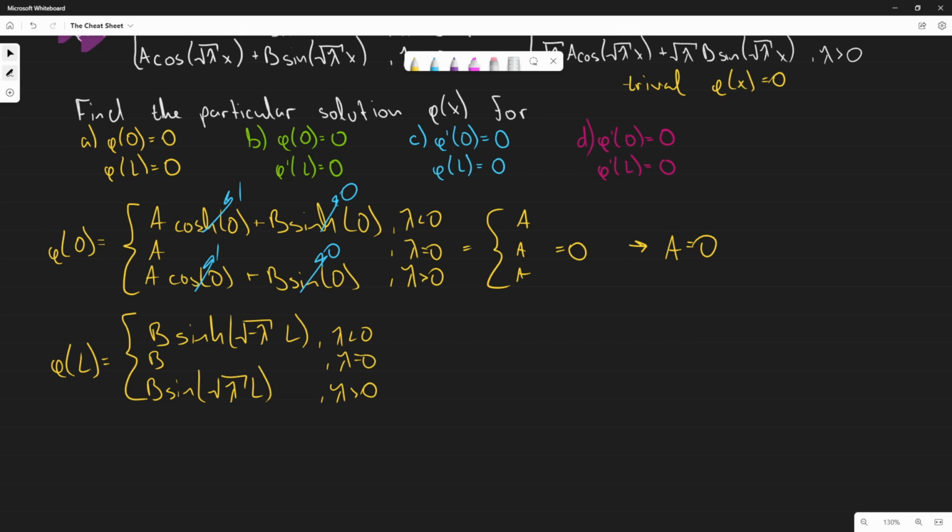So obviously we don't know what hyperbolic sine of the square root of negative lambda L is, nor sine of the square root of lambda times L is. But we can find a solution for this. So let's start off with the first case.